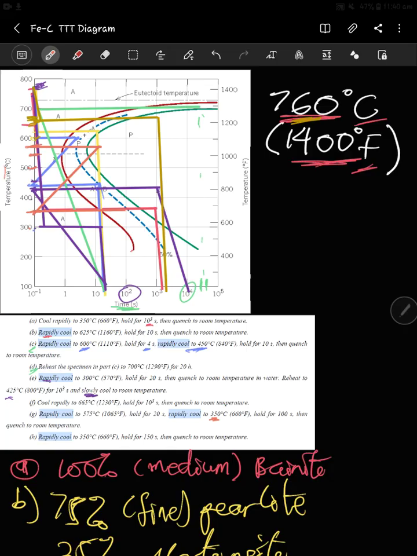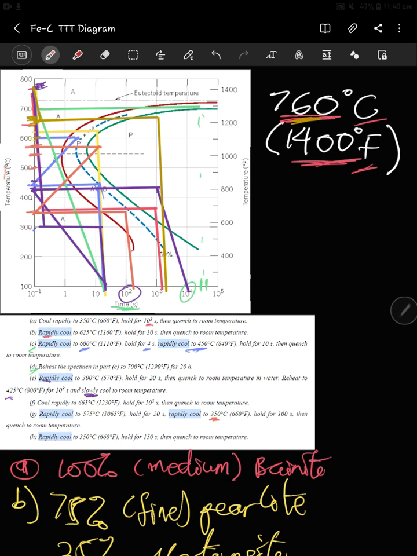Let me put it below so that we see the color clearly. Now 100, right? And then we quench to room temperature. Quench meaning short time, so we don't take that long. So about this way, right?